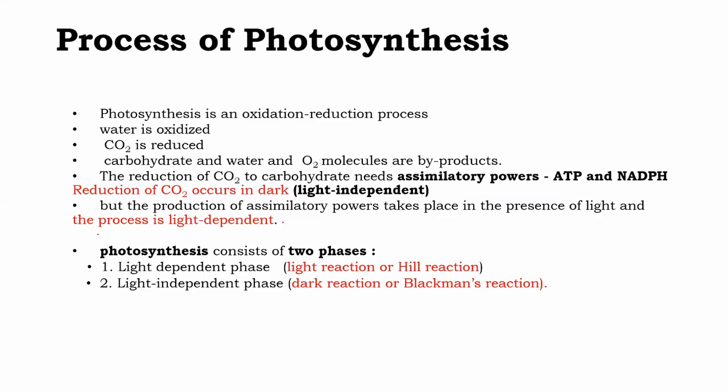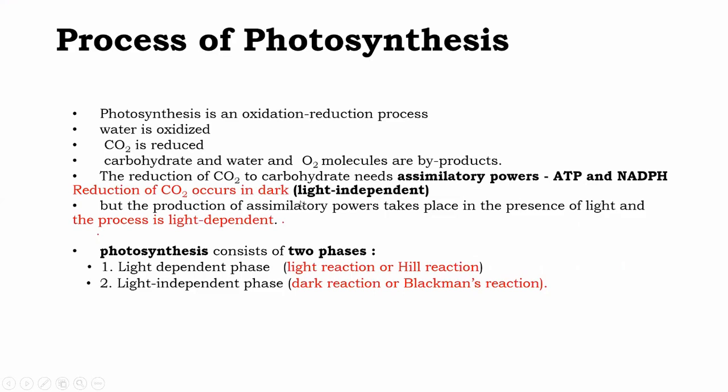But the reduction is actually aimed at fixing carbon dioxide into a molecule and then making it into food. Carbohydrate reduction needs assimilatory powers. So it needs some power, especially ATP and NADPH.